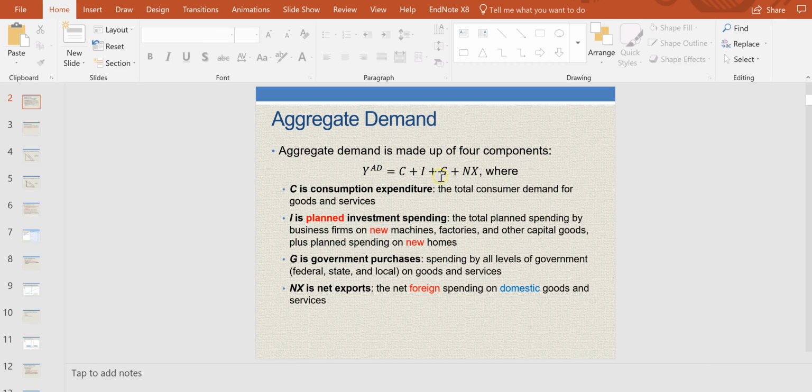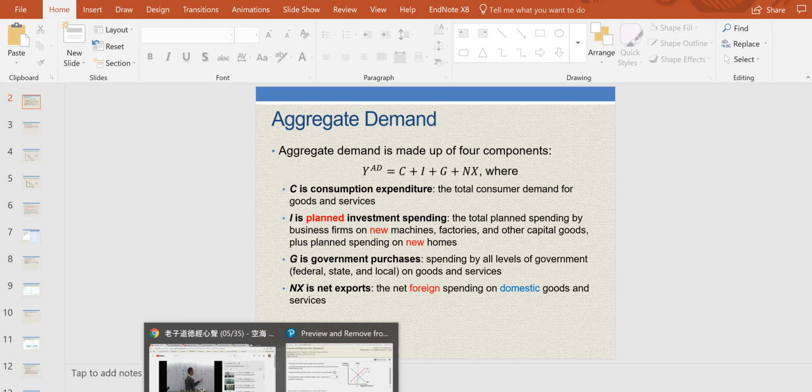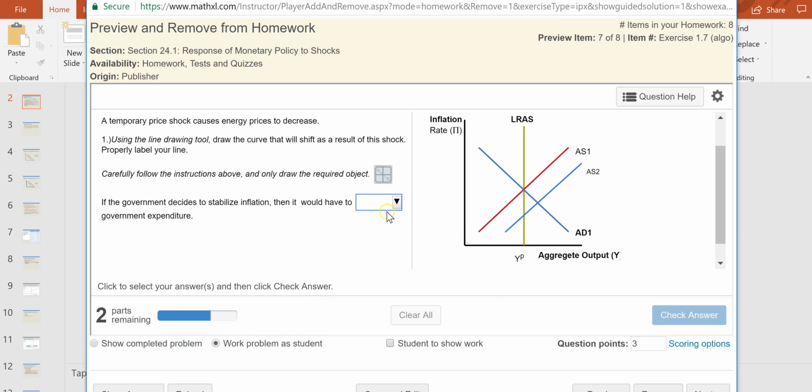So if the government increases government expenditure, then this AD curve will shift to the right, not up, to the right. So it has to increase the government expenditure to make the AD curve shift to the right.